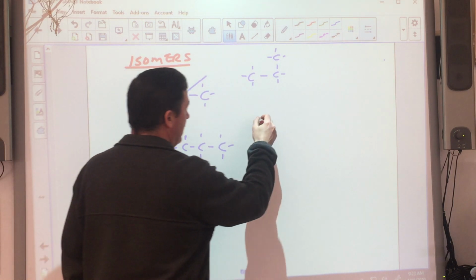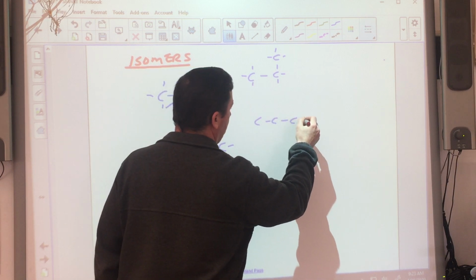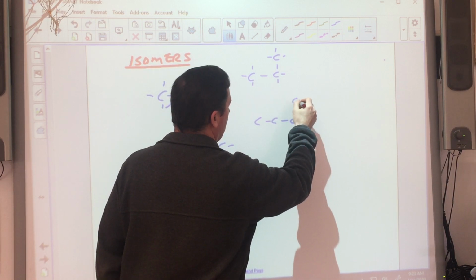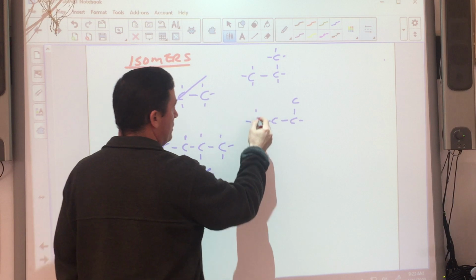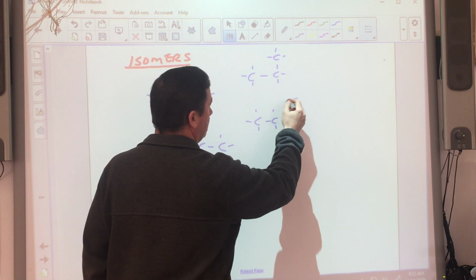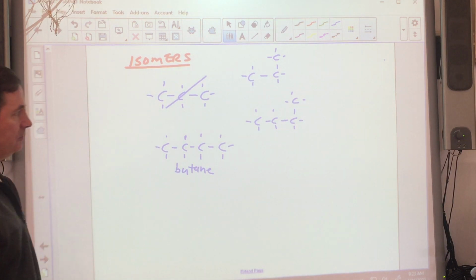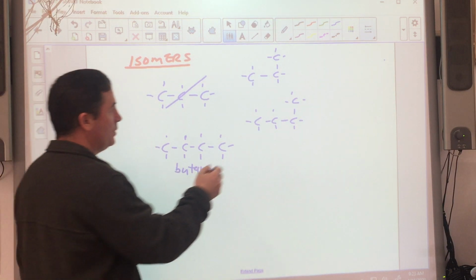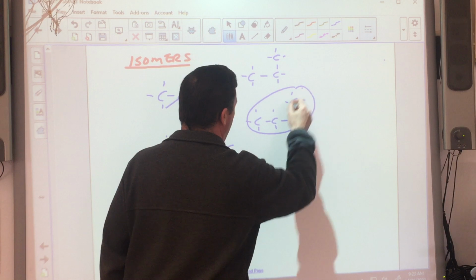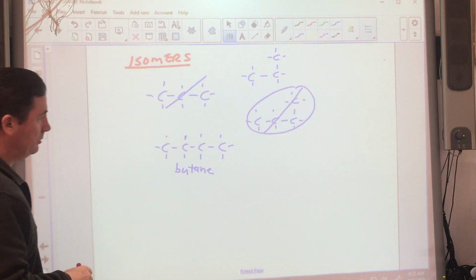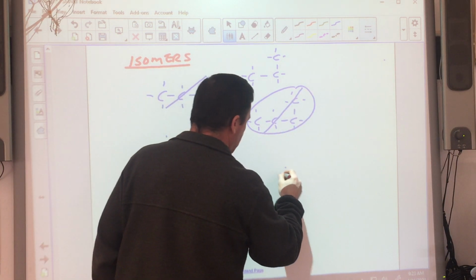Remember, I can't just do this, because this is the same thing. I still have 4 in a row. So this would not be an isomer of it. However, I can do this.